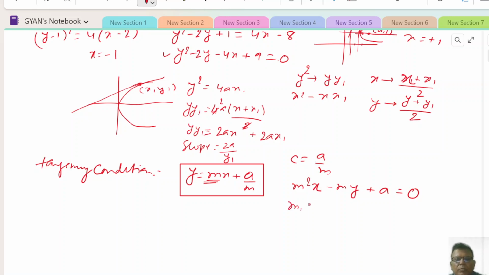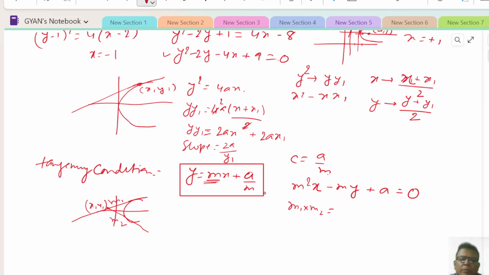Suppose the tangent is passing through a point outside the parabola, suppose this is (x1, y1). So this equation will be satisfied by this point. This tangent is also passing through this point, and this slope is m1 and here the slope is m2.